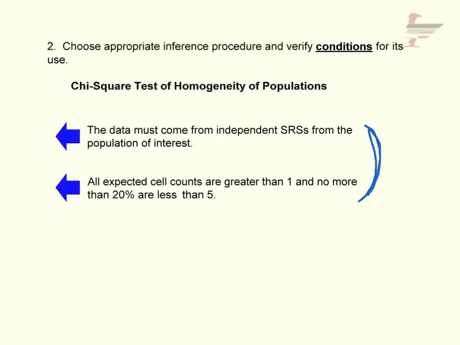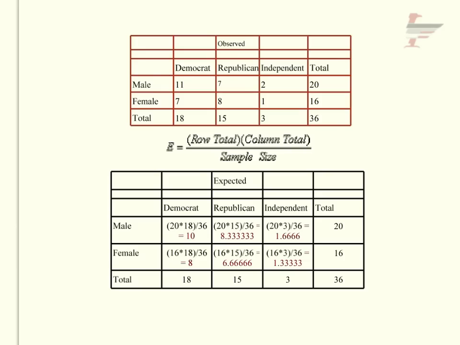And again, we want to make sure all of the expected cell counts are greater than 1 and no more than 20% are less than 5. That's the same as the goodness of fit test condition as well.